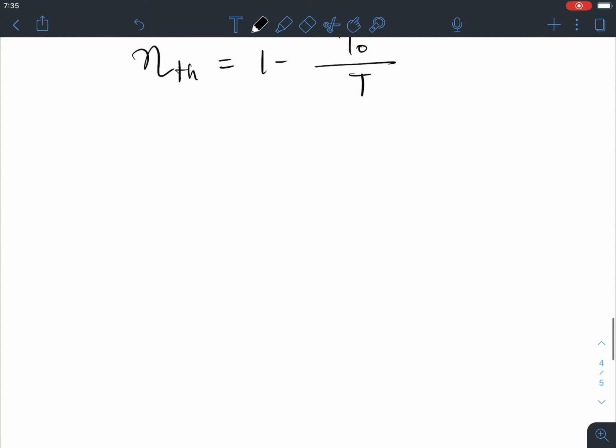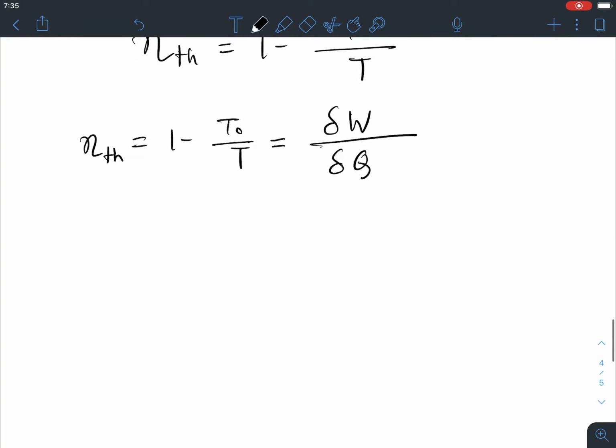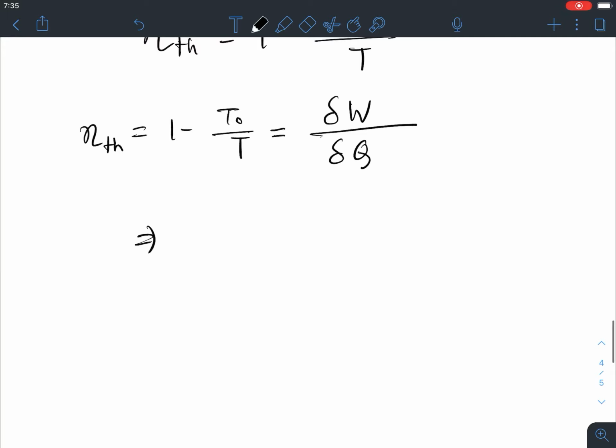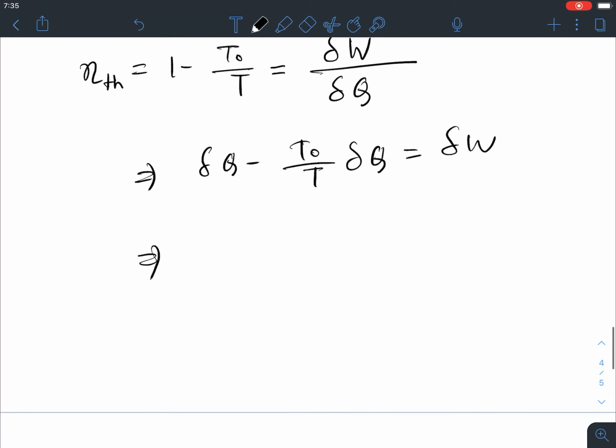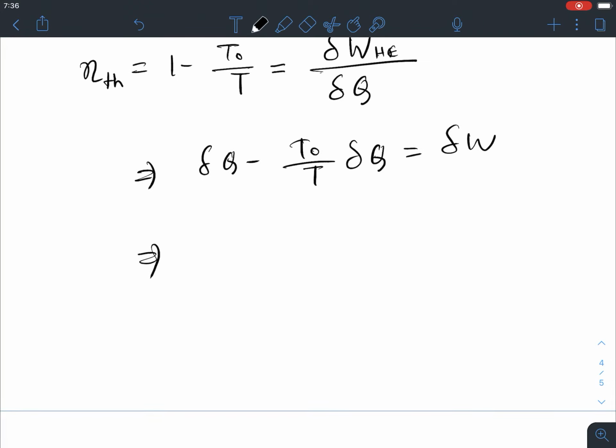Now if we write this expression, the thermal efficiency of that heat engine equals 1 minus T naught over T, which equals delta W divided by delta Q. We can write this expression as delta Q minus T naught over T delta Q equals delta W. Let me write it for the heat engine.